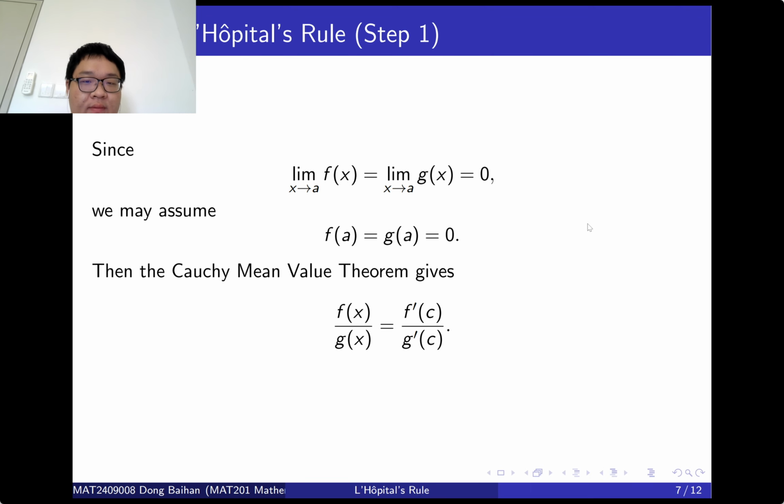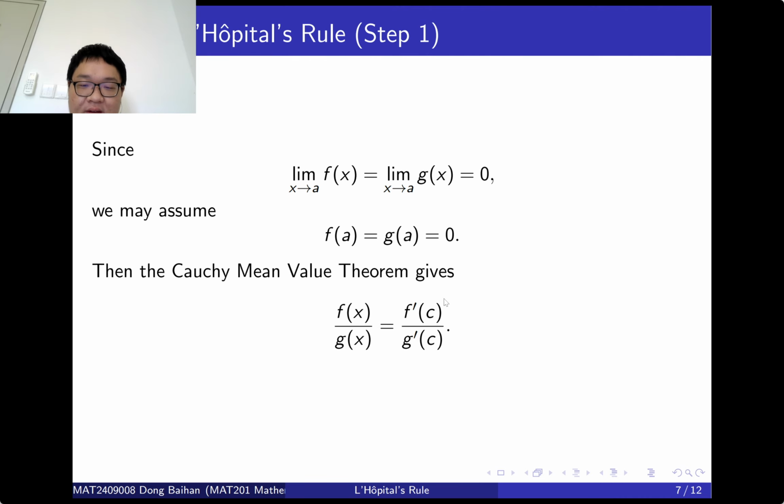Okay, and there is a proof. Since both functions approach 0, we may assume that f(a) equals g(a) equals 0. Then the equation simplifies, and we obtain that the ratio of f(x) and g(x) equals the ratio of their derivatives evaluated at the same point c.